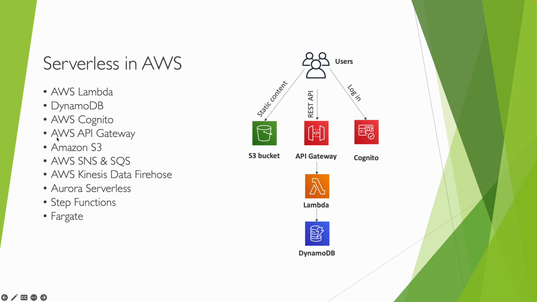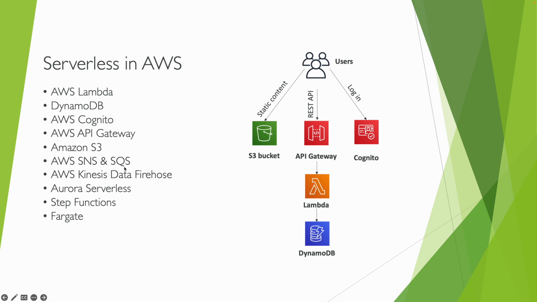Similarly, AWS API Gateway. API Gateway is a powerful serverless feature which we use to create our HTTPS endpoints, and we will see this API Gateway hands-on in our coming class, okay. AWS S3 is also serverless because we are storing the file, but we don't know where we are storing it.